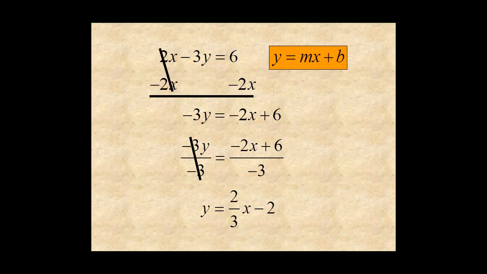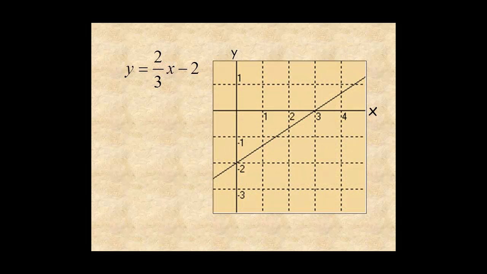Be careful on the right when you divide by -3. -2 divided by -3 gives positive 2 over 3x. And 6 divided by -3 gives -2. So this linear equation has a slope equal to 2 over 3 and a y-intercept at -2.